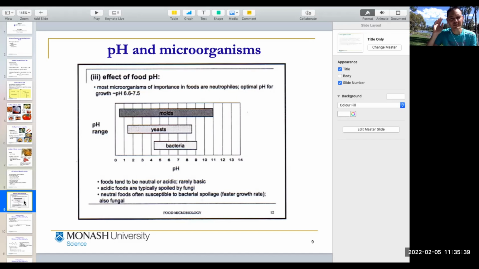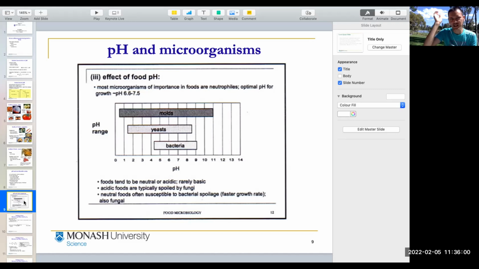Most microorganisms of importance in food are neutrophiles, which means they grow close to neutral pH, which is around 7 or just below, like 6.5 to 7, sometimes slightly over. Having said that, it's mainly bacteria that grow in that range.